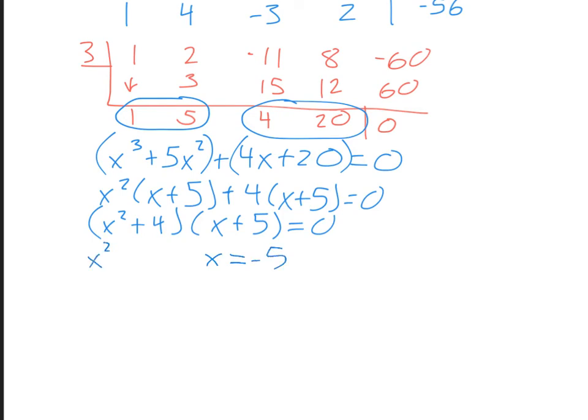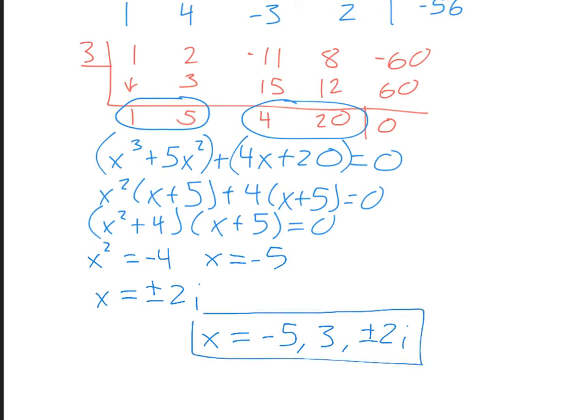And if we solve this one, we get plus or minus 2i. All right, so all of the answers put together: negative 5, positive 3, which we found earlier, and plus or minus 2i. The degree was 4, so there should be 4 zeros, which we found.